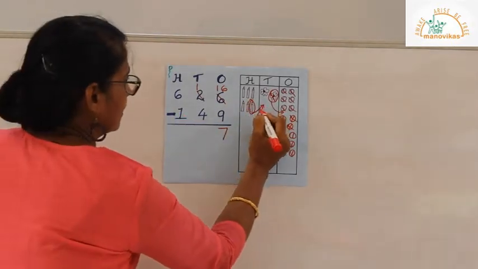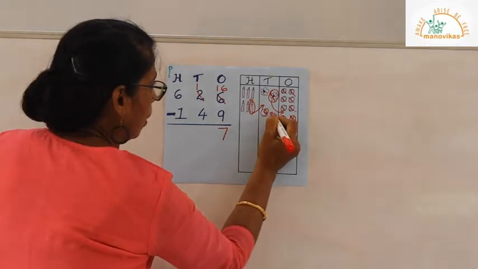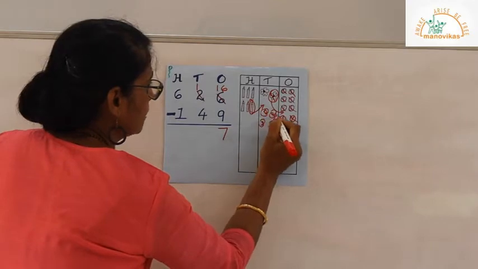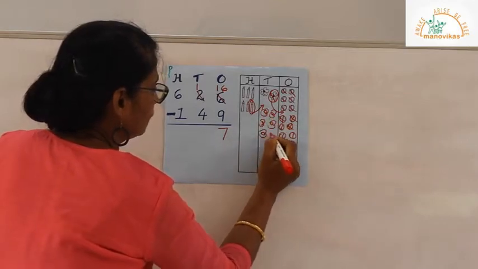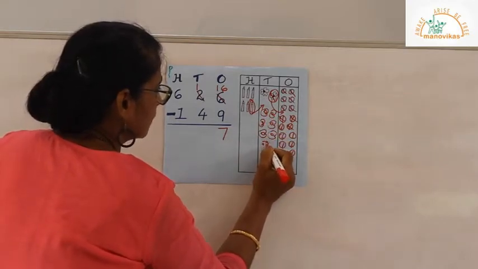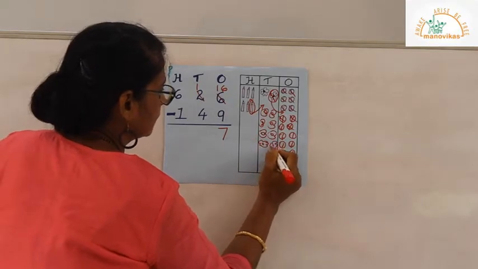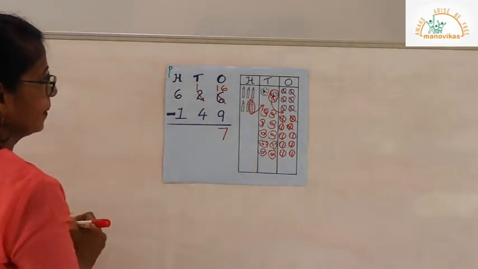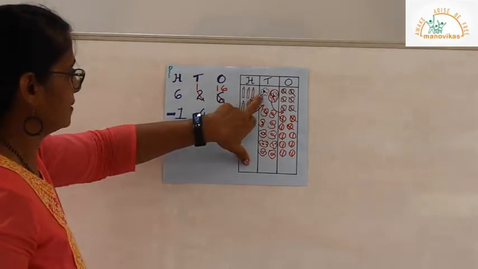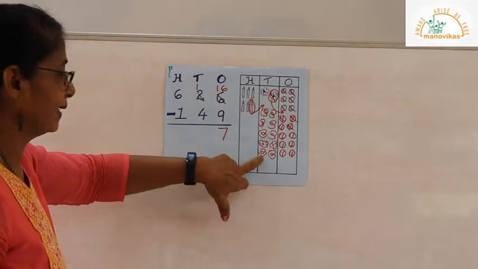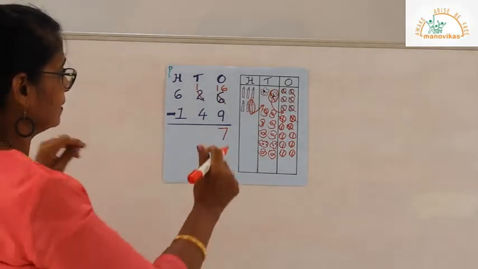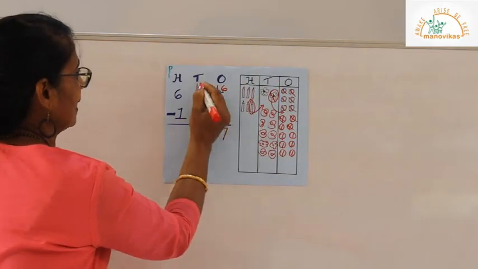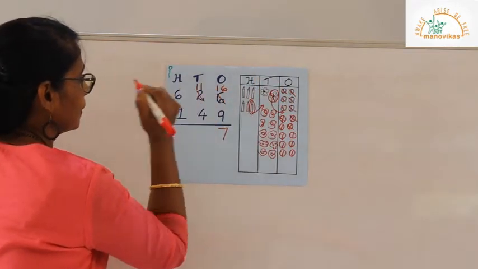So let's draw 1, 2, 3, 4, 5, 6, 7, 8, 9, 10. So we are left with 1 ten here, and we have got another 10 tens. So now we have 1 plus 10 makes 11.